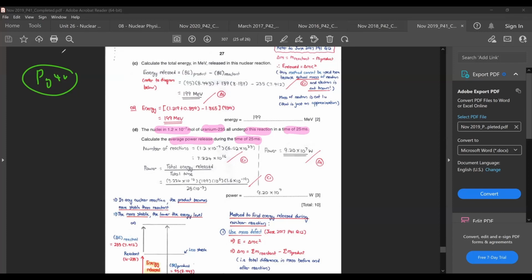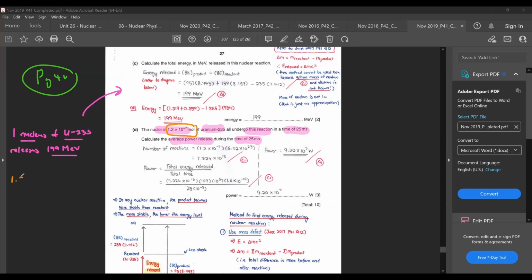Okay, so you consider this now. One nucleus of uranium-235 releases 199 MeV of energy. That's what you found here. For the nuclear reaction, one nucleus of uranium-235 will release this amount of energy. Now, in your case, if we tell you that you have 1.2 times 10 power minus 7 moles of uranium-235, how many nuclei do you have here?